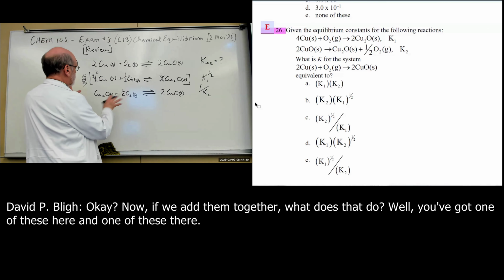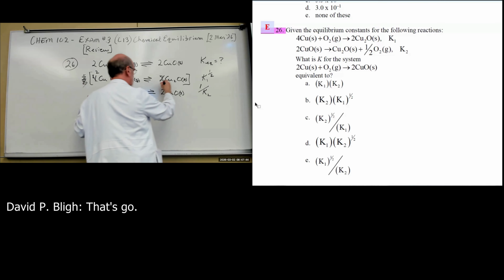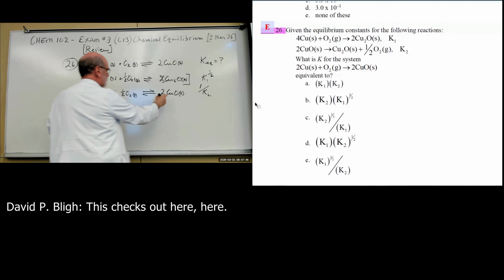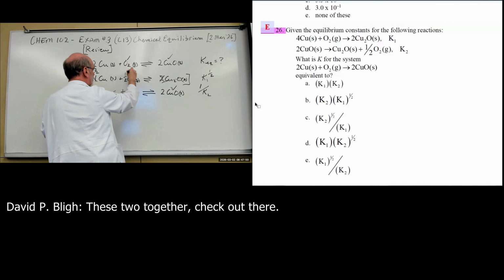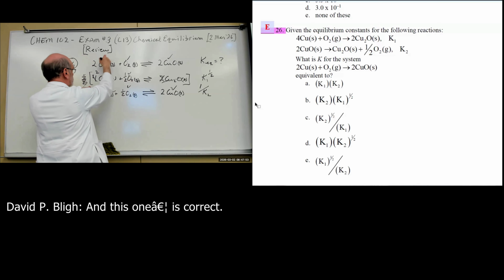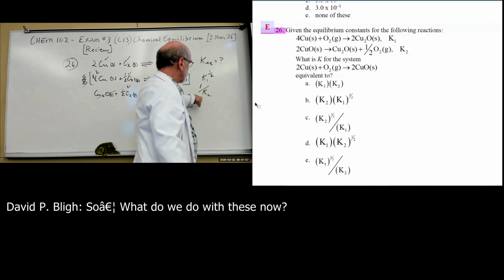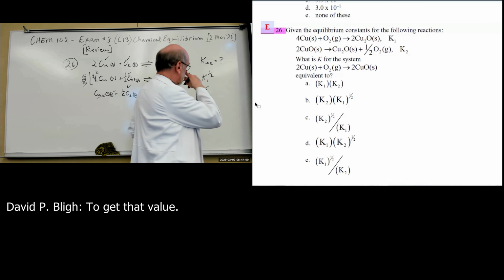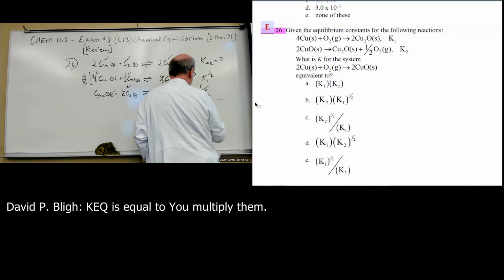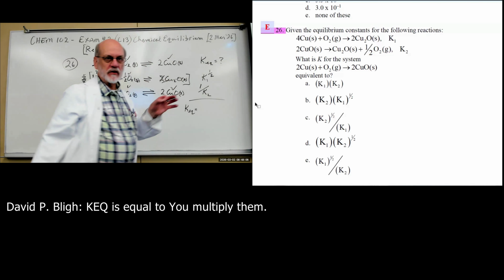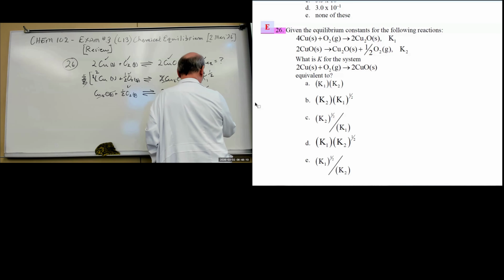Okay. Now, if we add them together, what does that do? Well, you got one of these here and one of these there. That's gone. This checks out here, here. These two together check out there. And this one is correct. So what do we do with these now to get that value? KEQ is equal to, you multiply the K's together.